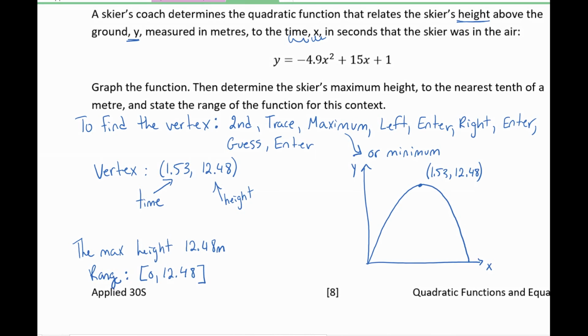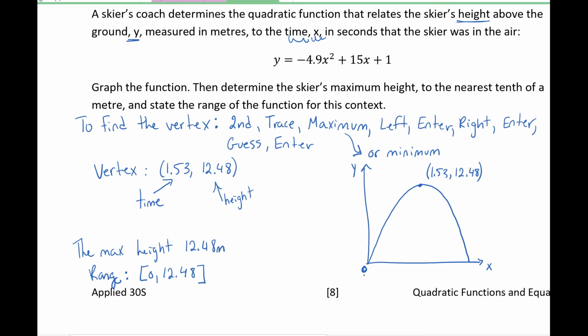Well, they both matter because now you've got some limitations to where this graph lives. Because the skier's height can't be negative. So the lowest possible height the skier can have is 0, and it's 0 in 2 places. It's on the x-axis in our graph in 2 places.